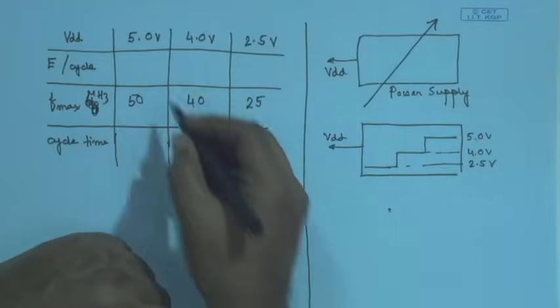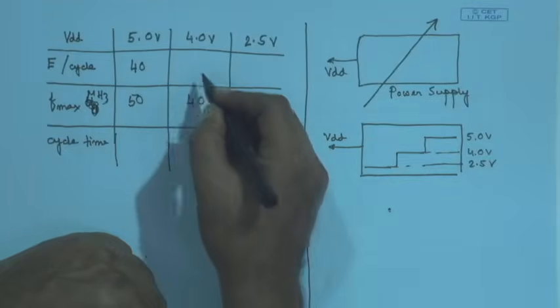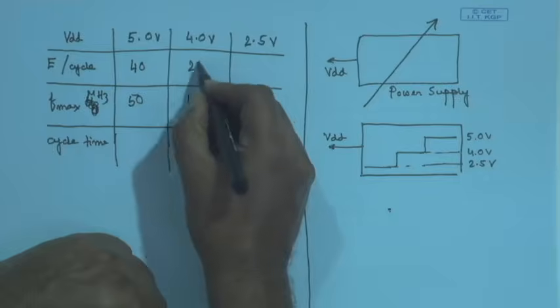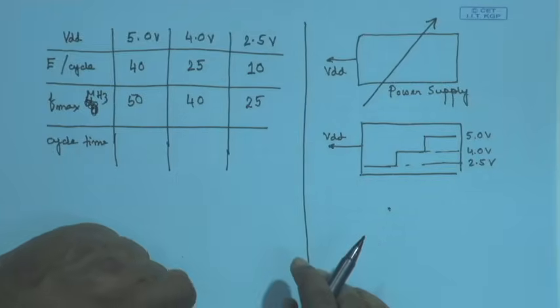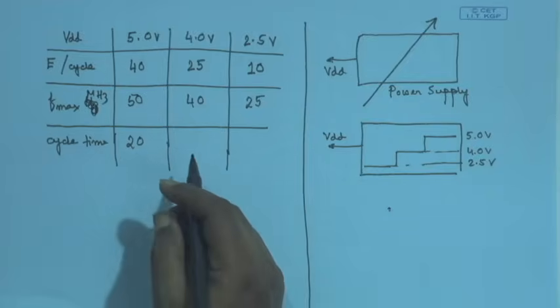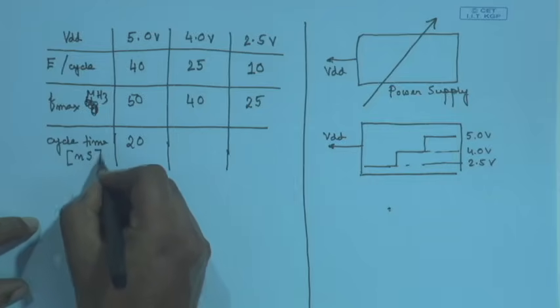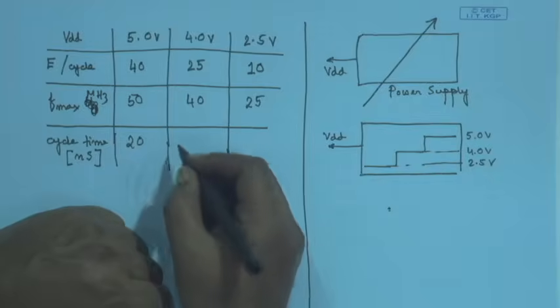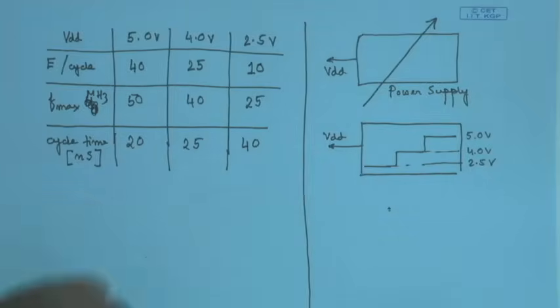The energy per cycle is 40 nanojoule, 25 nanojoule and 10 nanojoule. And the cycle time is therefore 20 nanosecond, 25 nanosecond and 40 nanosecond.